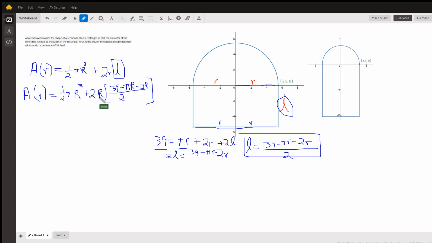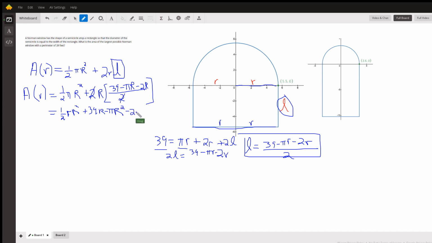And when I distribute this 2r, these 2's cancel out, so I finally get 1/2 pi r squared plus 39r minus pi r squared minus 2r squared.